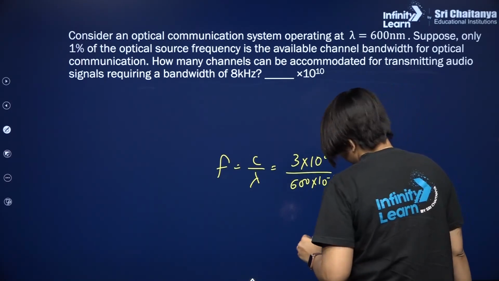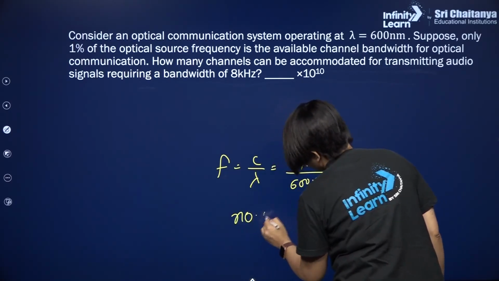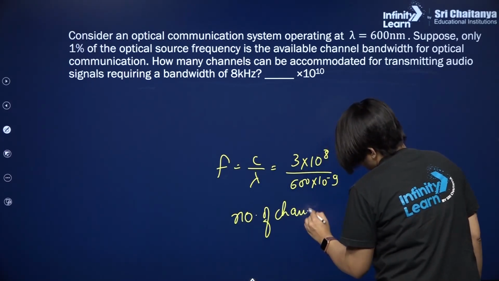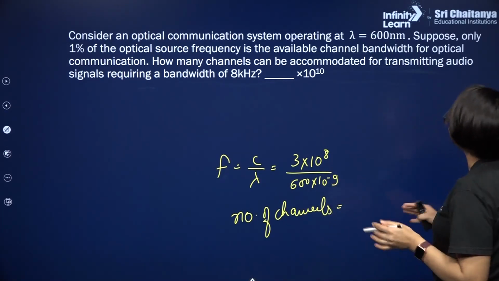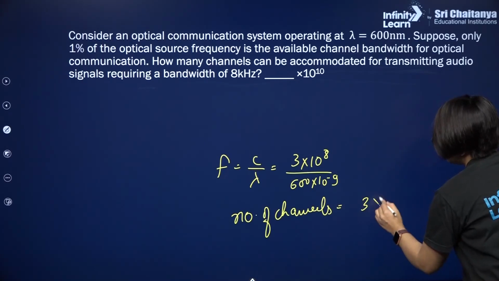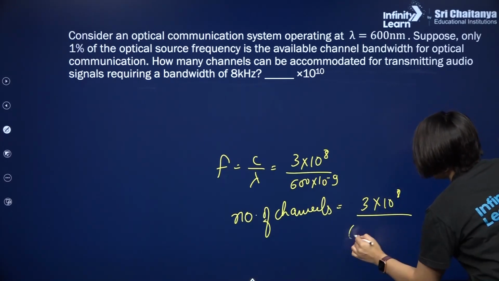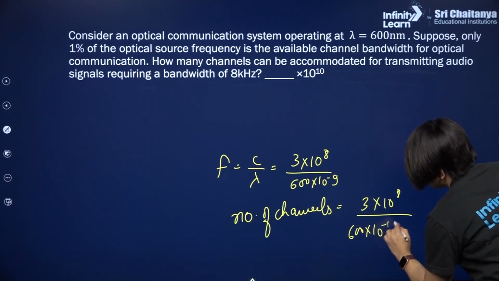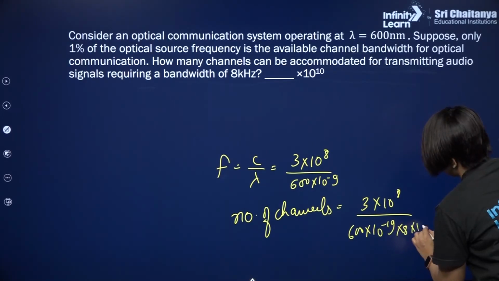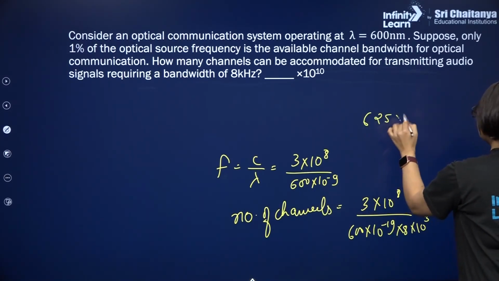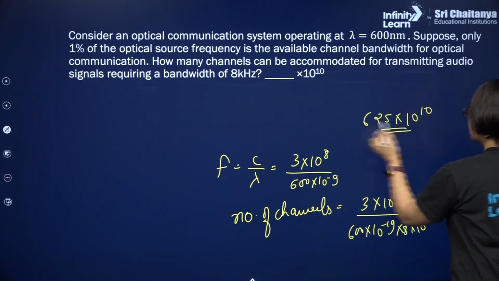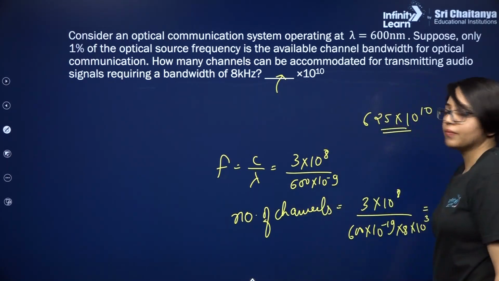So, this is the frequency. So, number of channels is equal to frequency bandwidth available divided by bandwidth needed. So, it is 3 into 10 power 8 divided by 600 into 10 power minus 9, into 8 into 10 power 3. So, this will give you your answer as 625 into 10 power 10, right. So, correct answer is 625.